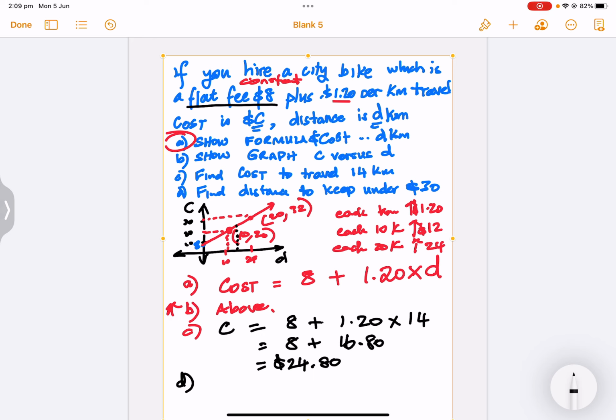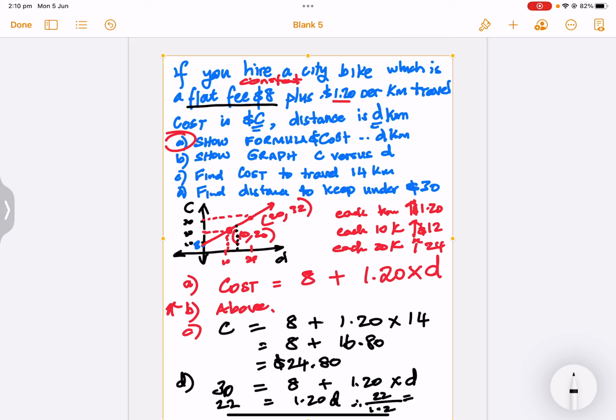And find the distance to keep the cost under $30. So if $30 was the cost, I'll just take the 8 across to be 22. Therefore, if you take 22 and divide it by 1.2, you'll get your value.